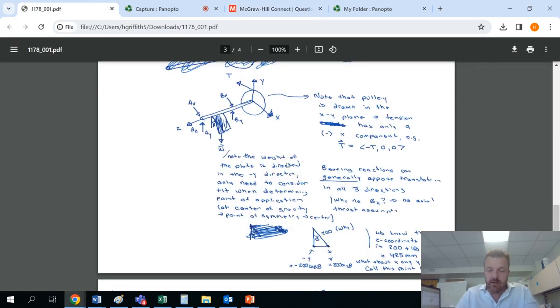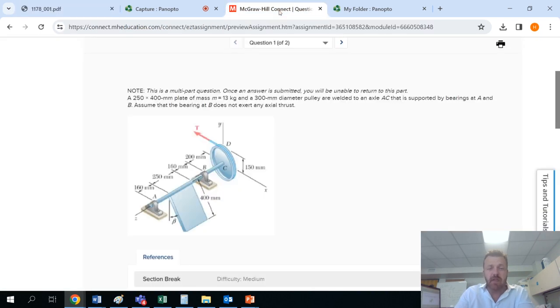So if you notice, I've drawn a little bit of geometry here. I've shown this is a purely vertical line in the y direction. Here we have the surface of the plate, which is inclined from the vertical line by an angle beta. Now, I'm describing the geometry, and I'm calling this length here 200 millimeters. Now, why would I do that? Well, if you look at the actual problem description, this plate is 400 millimeters long.